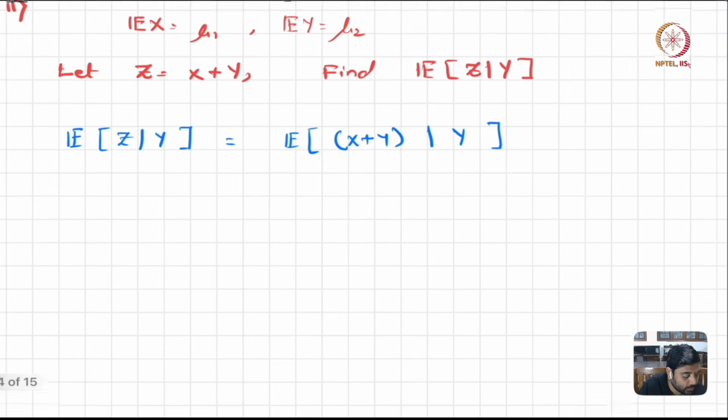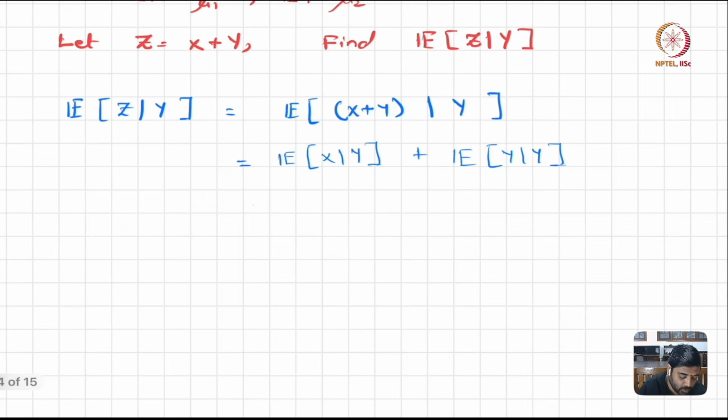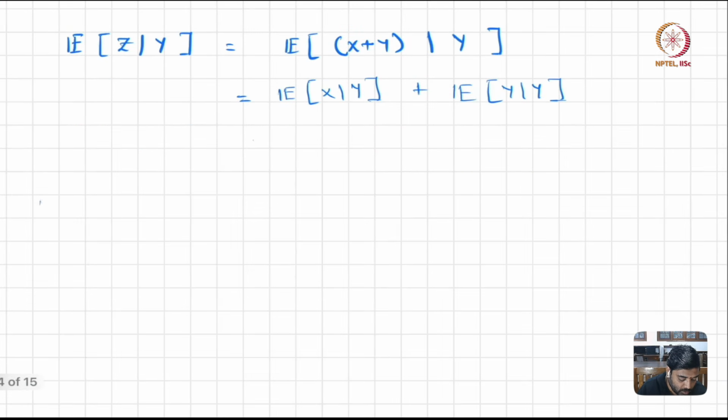Now, from the linearity of conditional expectations, I can write this as expectation of x given y plus expectation of y given y. Now we need to calculate each one of them.